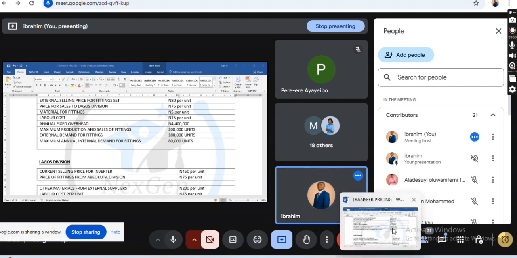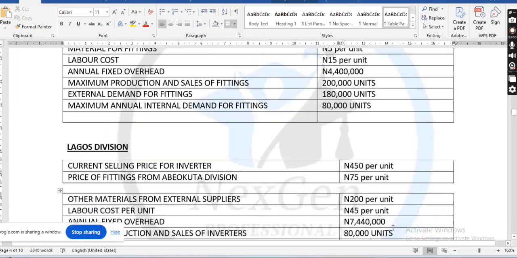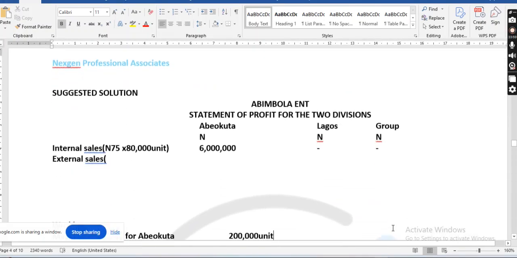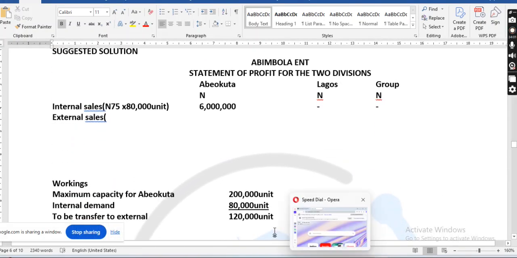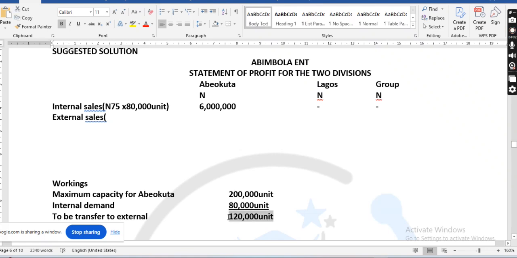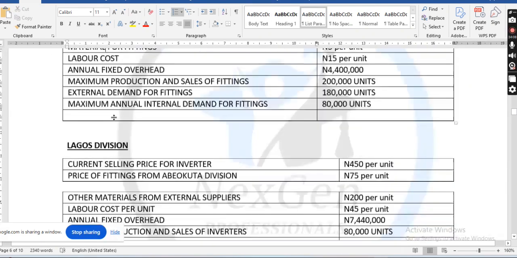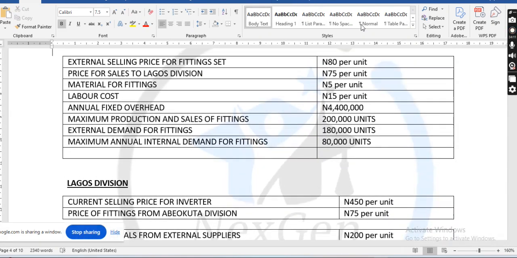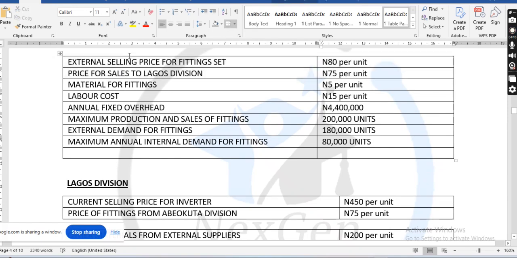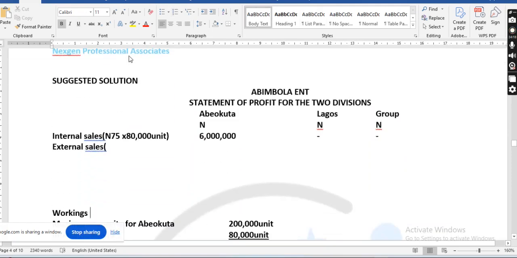Right? Let's see. Now, external sales. So this is the external. Abeokuta will sell to external at what? At 80. Can you see it? External selling price 80 naira per unit, times external.